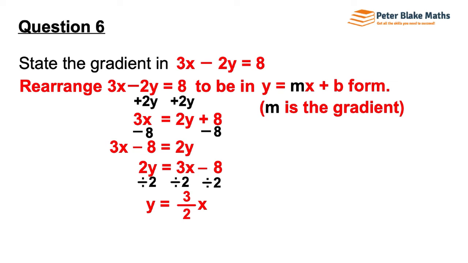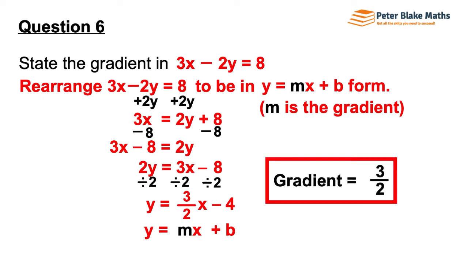And then minus 8 divided by 2 gives us minus 4. Now at least that's all in the right format. It took us a while, but we got y on its own. So then we can read off whatever is in front of the x as our gradient value. In this case, after we muddled around with the original expression to get it into the right format, we can read off that the gradient is 3 over 2.